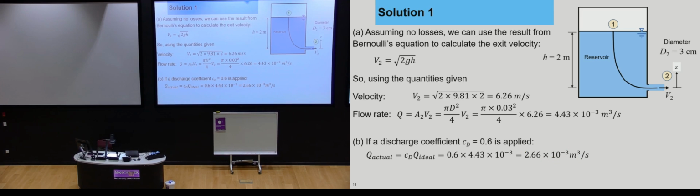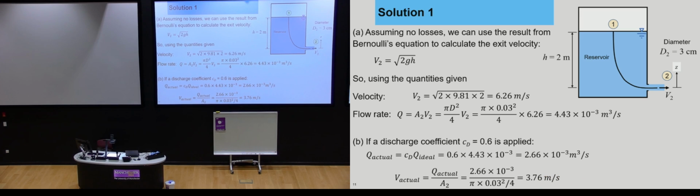So that's our actual flow rate, because we've actually got quite a low discharge coefficient there. We can also then work out what the actual velocity is from that, and that, of course, is the actual flow rate over the area at point 2, which would be 3.76 meters per second.